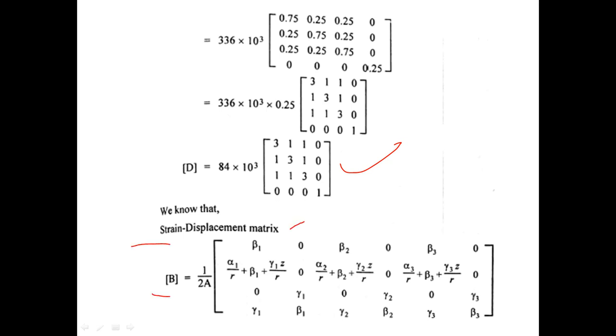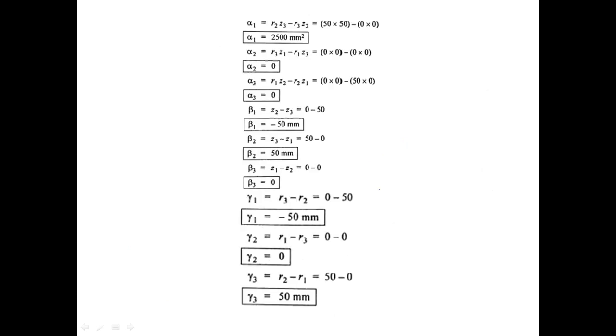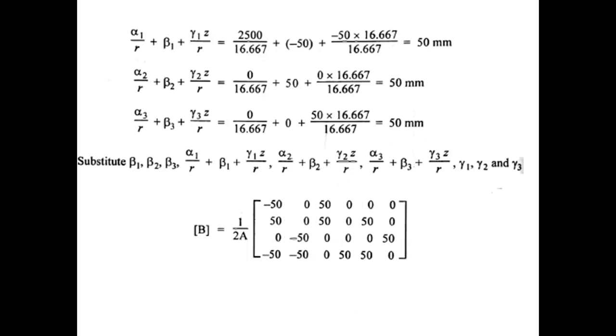And finally, if we substitute all the values in that B matrix, we will get this particular solution. So B is equal to 0.02 into, so these particular values are there.